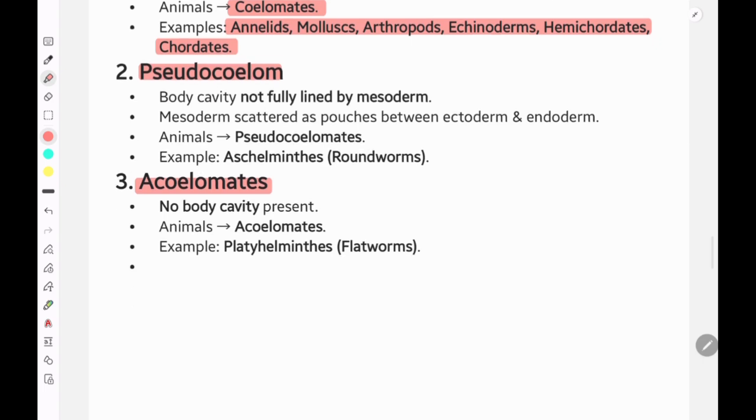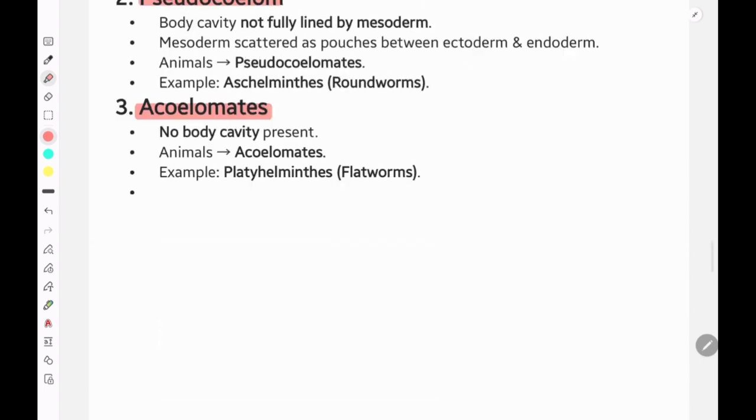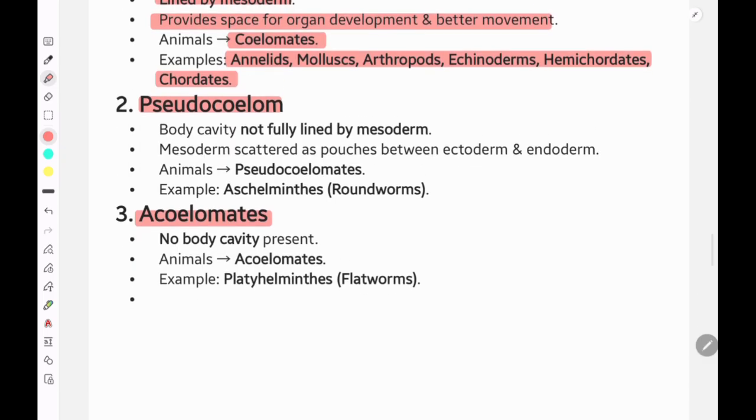If we talk about pseudocoelomates, they have a cavity but not a well developed coelom. The body cavity is not fully lined with the mesoderm. The mesoderm is scattered in small pouches between the ectoderm and endoderm.